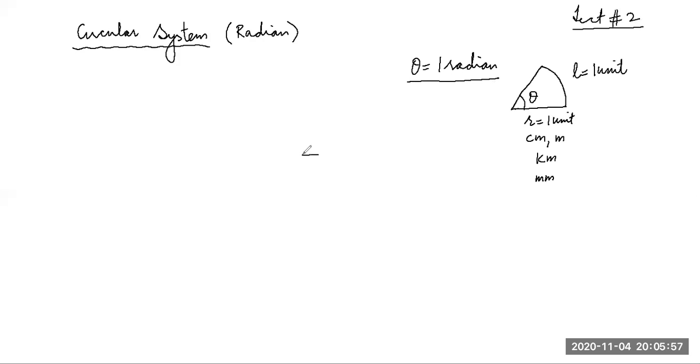Generally, students, if r is the radius of the circle and r is also the length of the arc, both are the same. R is the radius, R is the length of the arc. I'm talking about this circular length. Then the angle subtended by this arc at the center is said to be 1 radian.